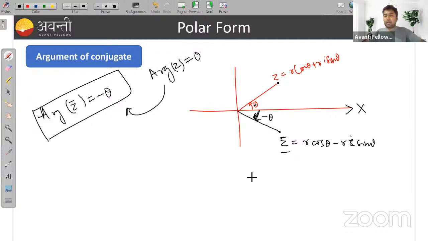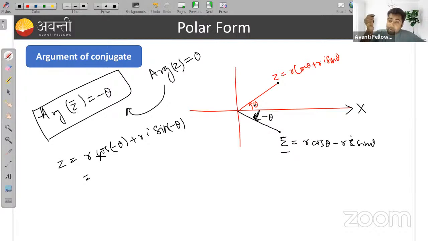Simple. You can observe here also, if you put minus theta in place of theta in the complex number, what will it be? r into cos of minus theta plus r into i sin of minus theta. Cos is an even function, so the negative sign is absorbed by cos.